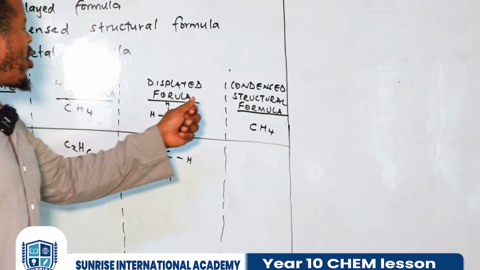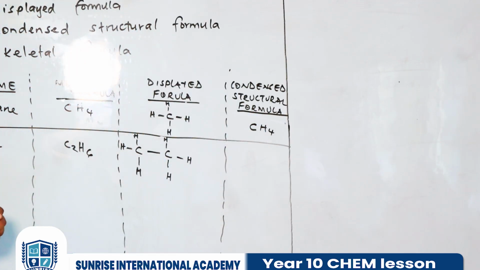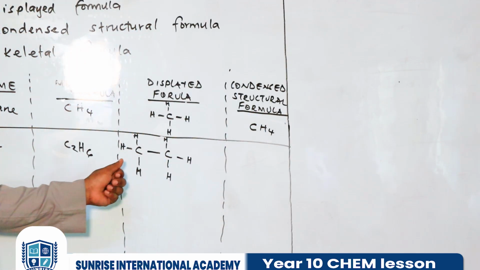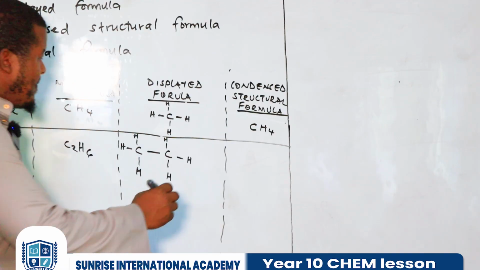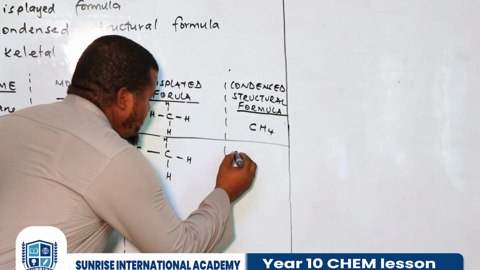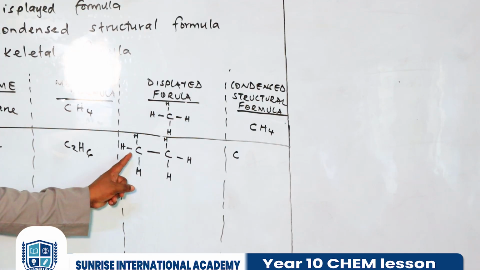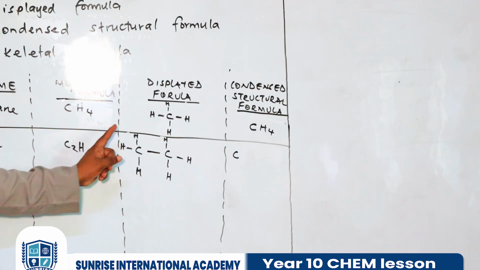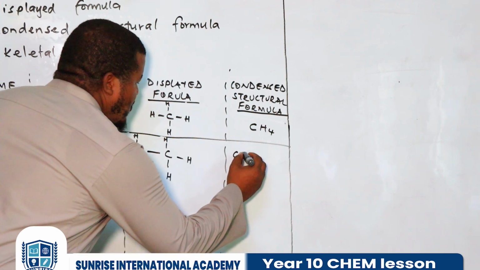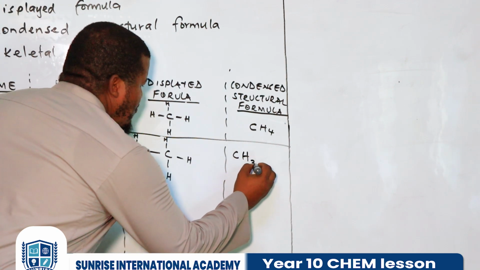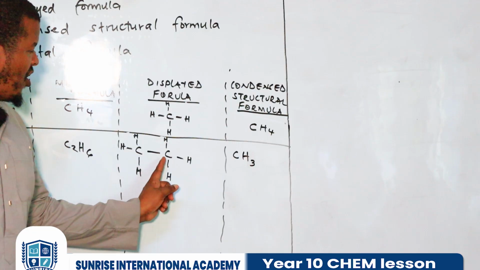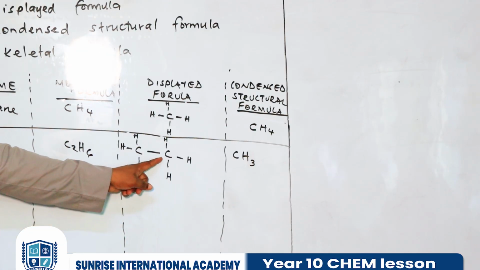Now, we need a condensed structural formula from here. What we do is, look at the first carbon atom here. Write it down. How many hydrogen atoms are surrounding the first carbon atom? 3. So, this is going to be CH3. From there, move on to the next carbon atom.